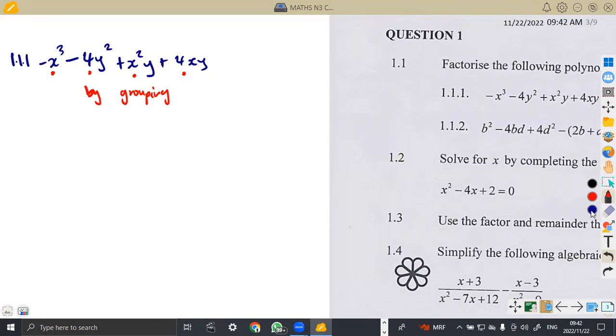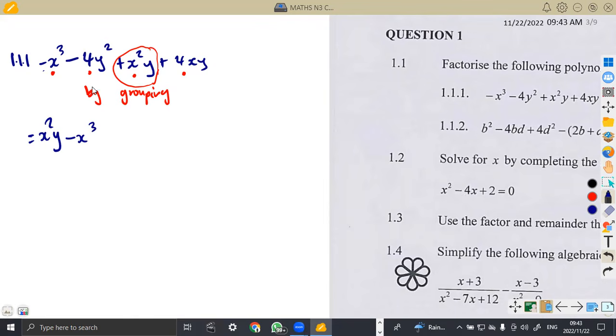So there we can rearrange. It depends on how you're going to rearrange it, but I'm going to start with the positive x squared y here. Then x cubed, there is x here, there's also x, so I'm going to have minus x cubed.